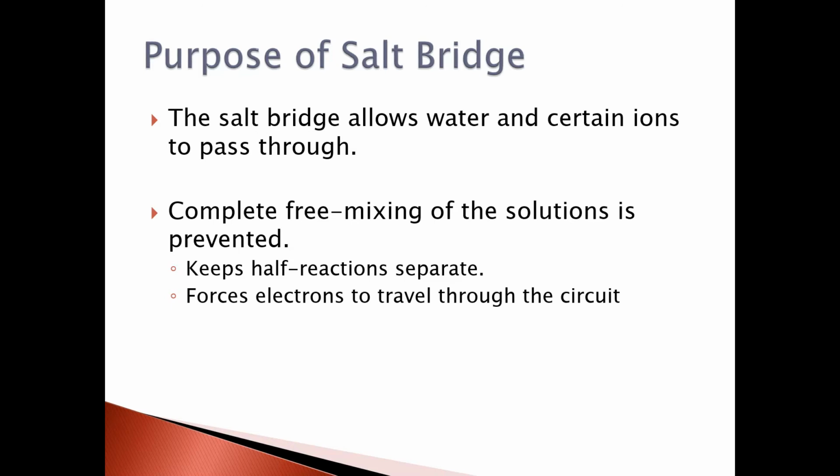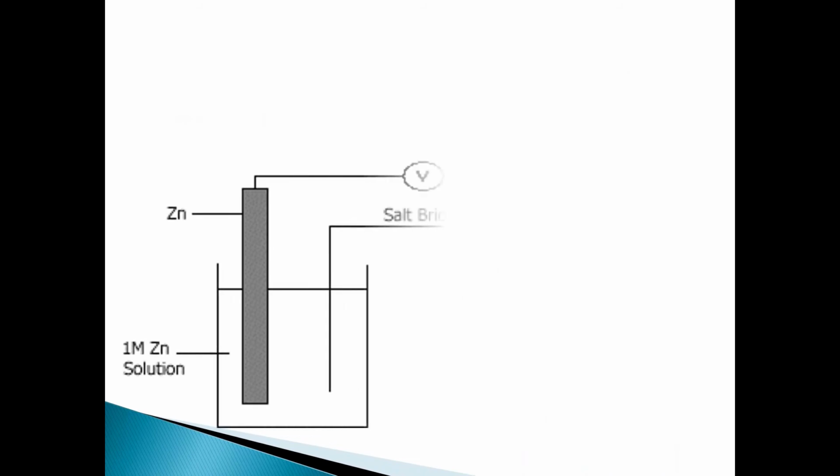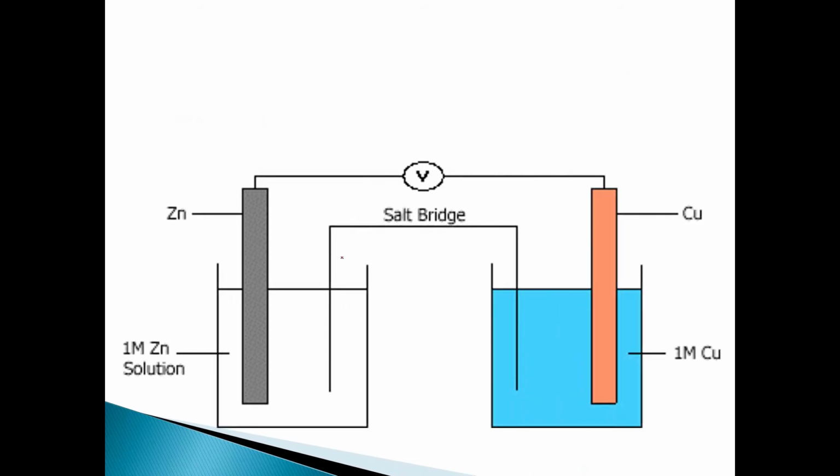So basically, if I were to show this diagram again, what happens is that this zinc starts dumping a lot of zinc ions into here. And here you've got a bunch of copper 2 plus ions.